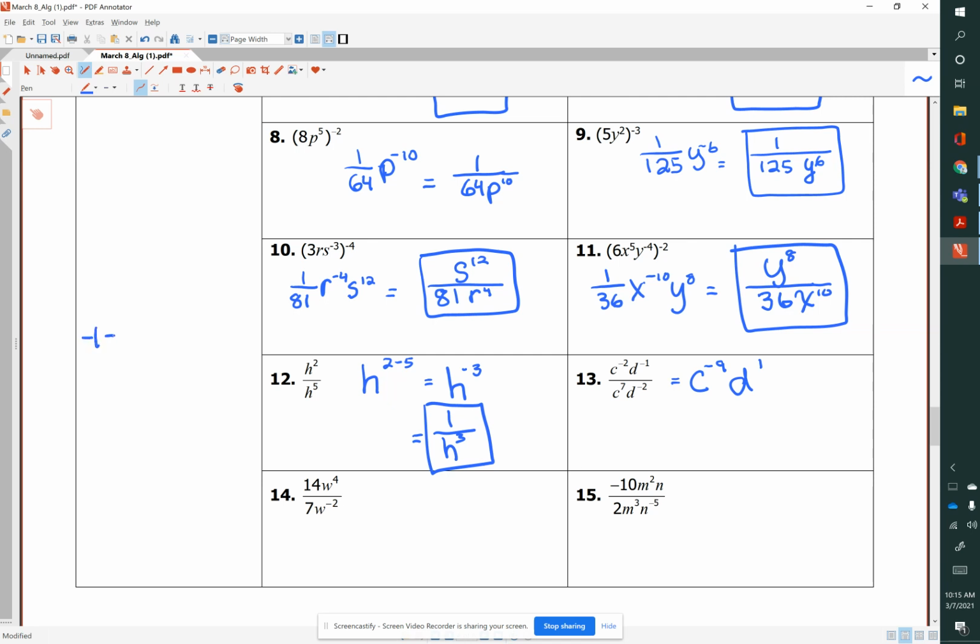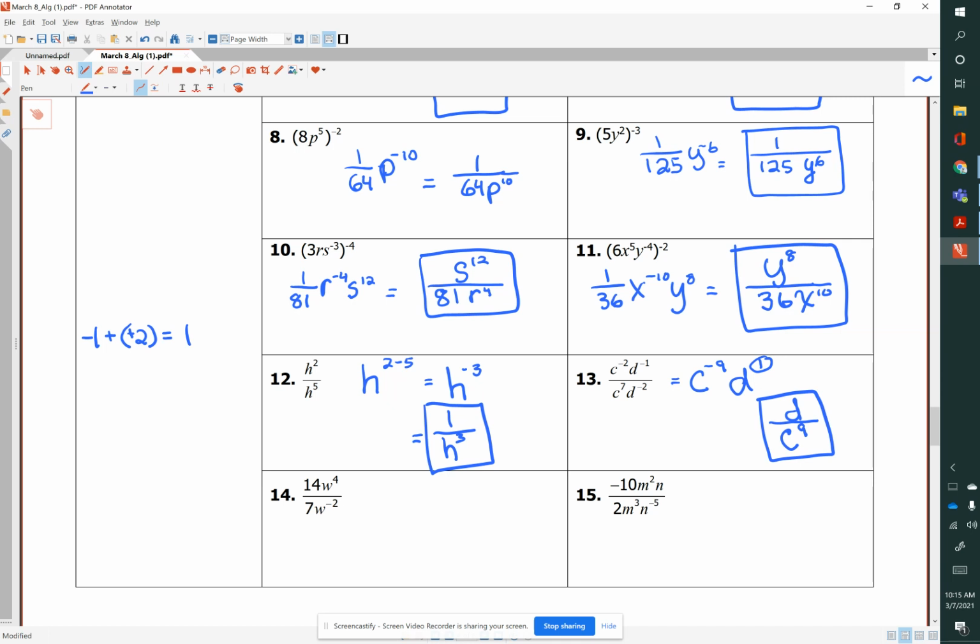Negative 1 minus negative 2, which means we add, and that equals a positive 1. So that would be d to the first power. That 1 can become invisible. D moves into the numerator, and the denominator has c with a positive exponent of 9.